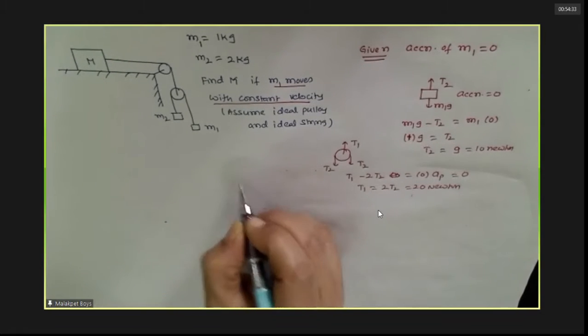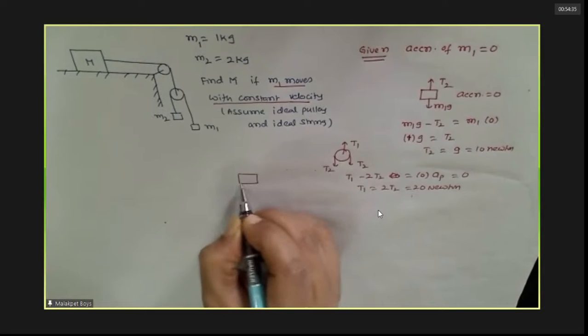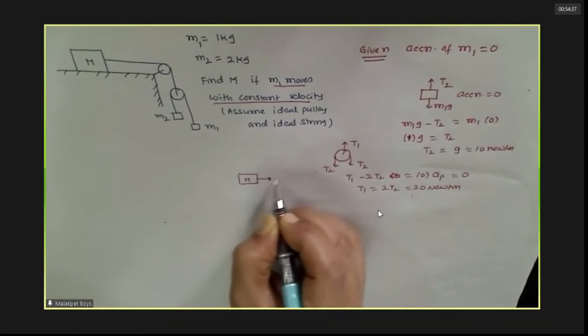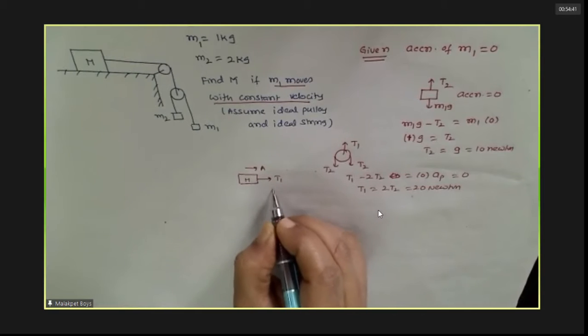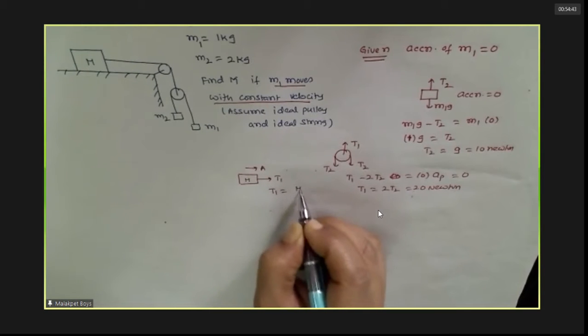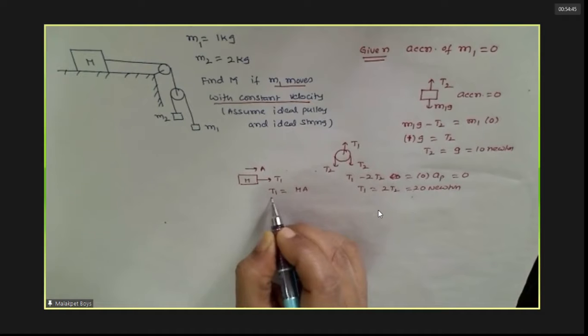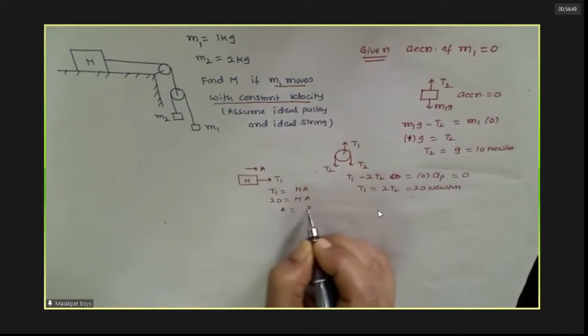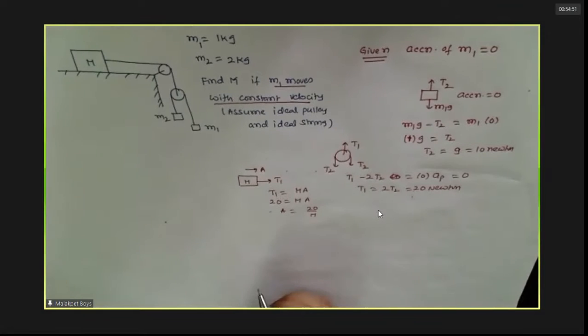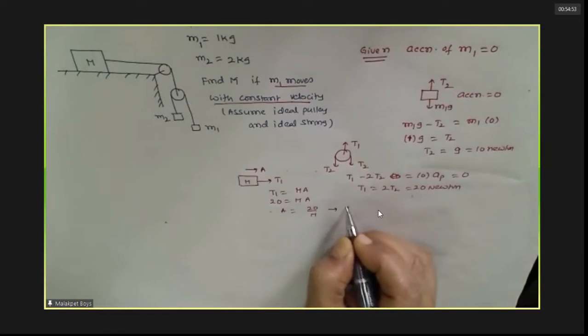That means the upper string, the acceleration is A, for example. So what is the acceleration? This is also the acceleration of the pulley, no?